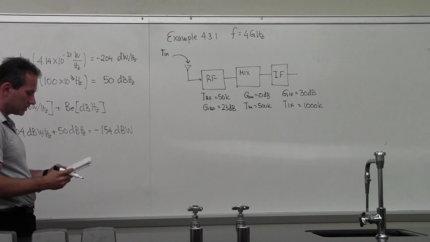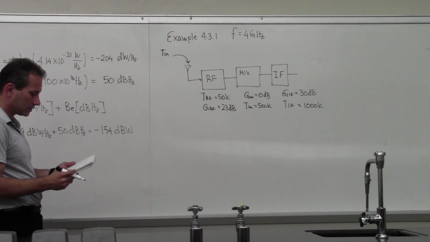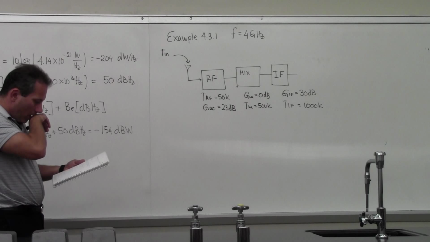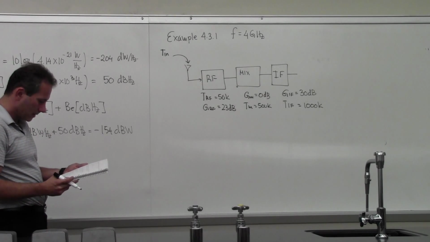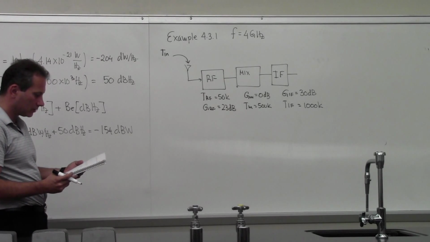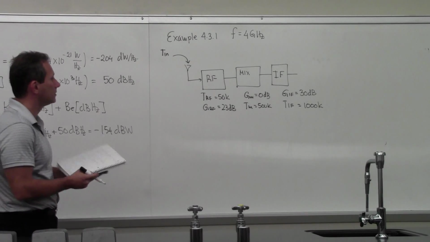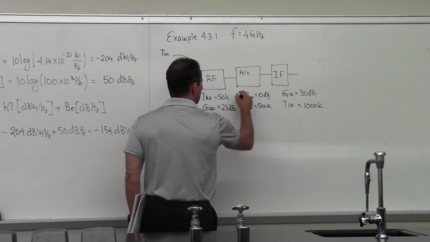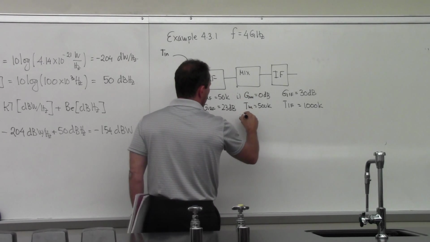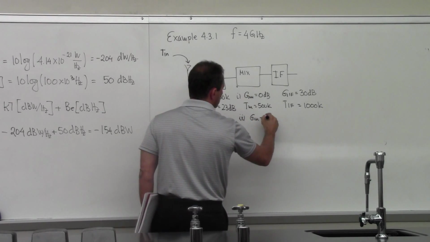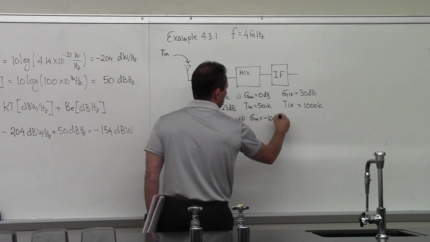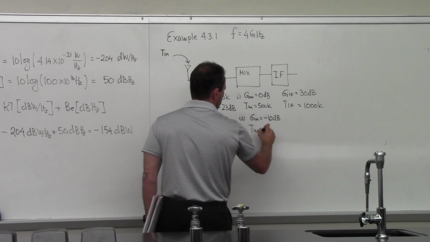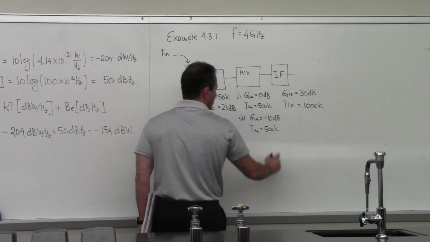And the question is, what is the calculated noise temperature of the system, and then the recalculated noise temperature when the mixer has a loss of 10 dB. So this is case 1. In case 2, we have a mixer gain of minus 10 dB, which is more realistic, and the mixer temperature is 500 kelvin as well.